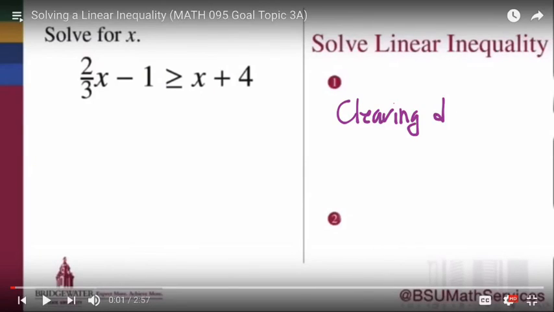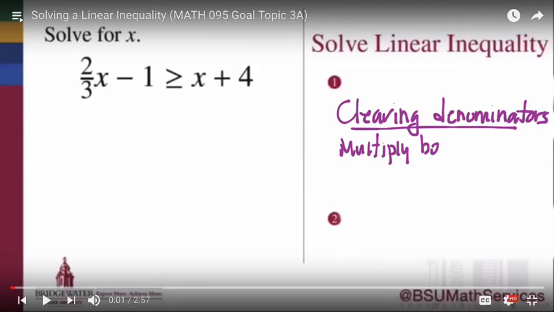And the idea behind it is that I want to multiply both sides of my inequality, in this example, but we can also use this with equations. Multiply both sides by, in this example, we only have one fraction, so this is going to be a little bit simpler than some of the others.